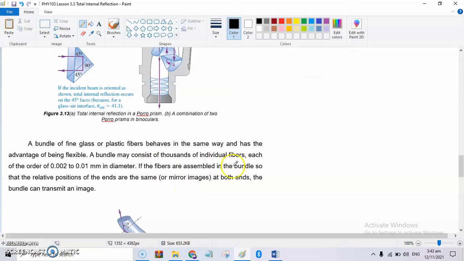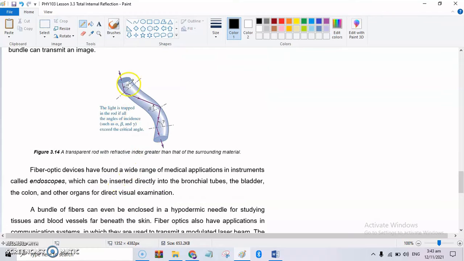If the fibers are assembled in the bundle so that the relative positions of the ends are the same, or mirror images at both ends, the bundle can transmit an image. Fiber optic devices have found a wide range of medical applications in instruments called endoscopes, which can be inserted directly into the bronchial tube, the bladder, the colon, and other organs for direct visual examinations.